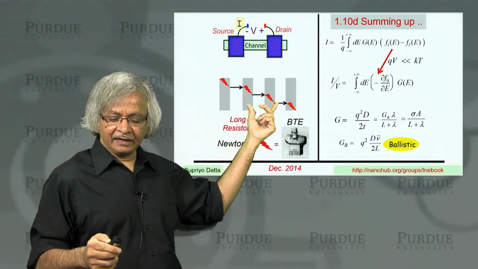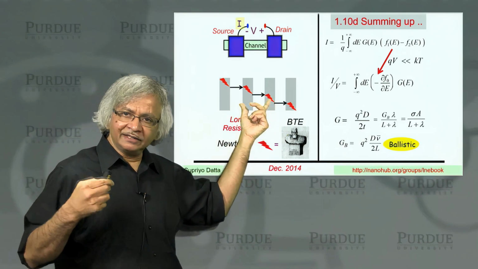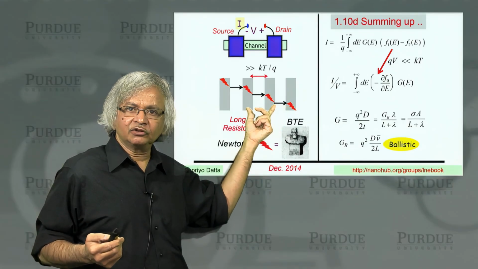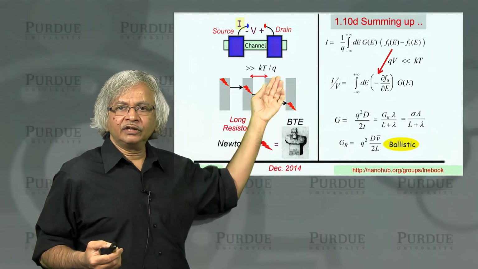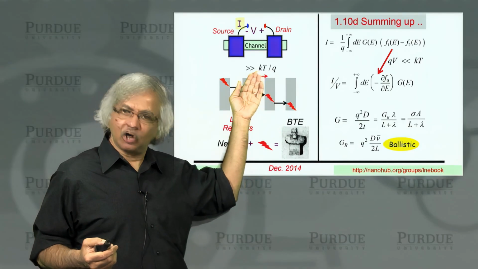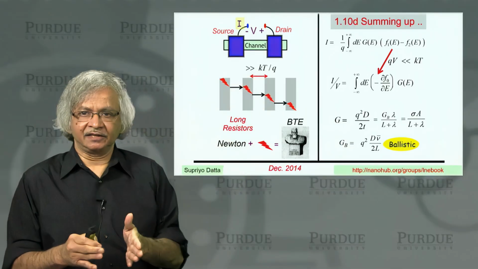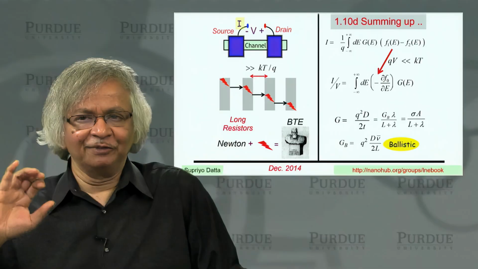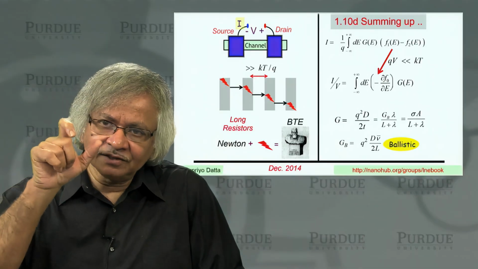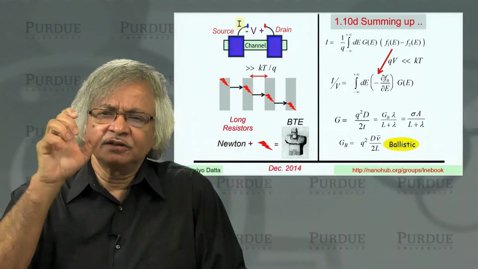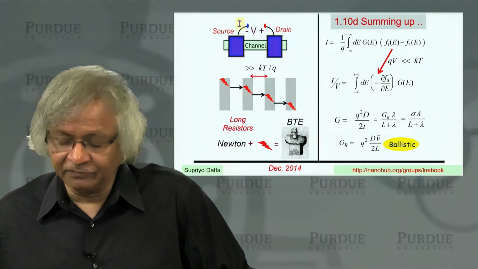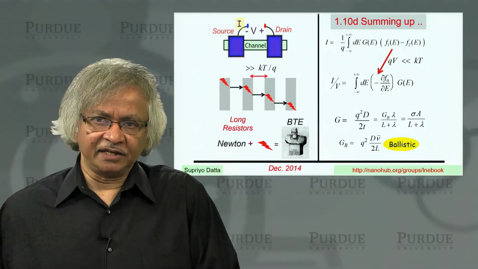And the point is, we are applying this theory to one of these short sections. So in order to be linear, the voltage drop across one of these short sections should be less than kT. So you shouldn't have more than 25 millivolts applied across a small section whose length is roughly how far an electron travels before it relaxes energy.